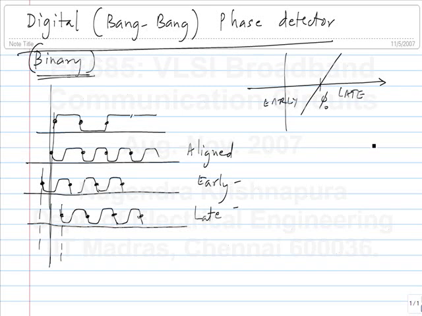Normally we plot the characteristics of data minus clock phase. So if the clock is too early, then the phase is negative. If the clock is too late, the phase is positive. These are the characteristics of a linear detector. What I want is a corresponding digital output, something like this. I just want to know if it is early or late. I don't care about how much.